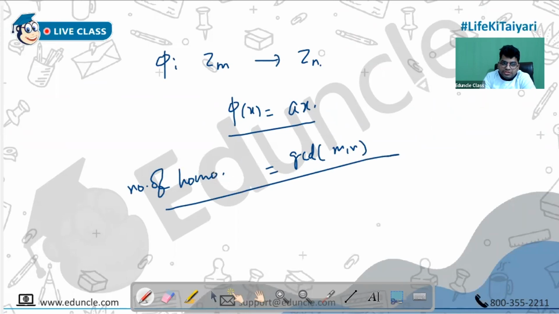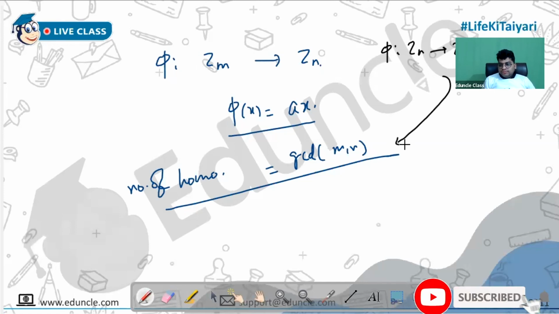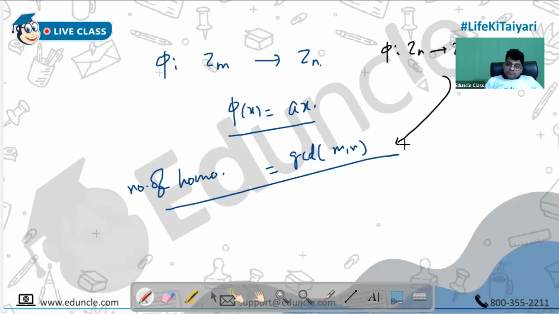Number of homomorphism GCD of Mn. Yes or no? GCD of Mn. And also we have discussed phi of Zn to Zm is also GCD of Mn. So number of homomorphism from Zm to Zn or Zn to Zm both are same. That is GCD of Mn.